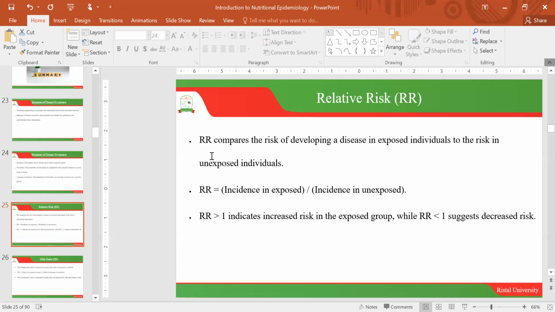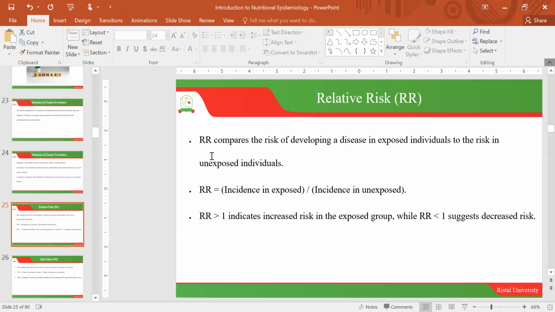So when you calculate the incidence, it is 20 over 50, that is the incidence in the exposed. Divide it by the incidence in the unexposed, which is 10 out of 50.